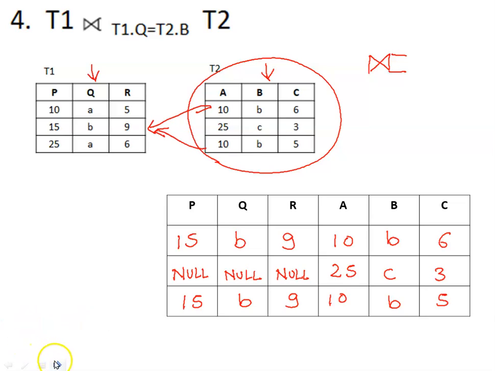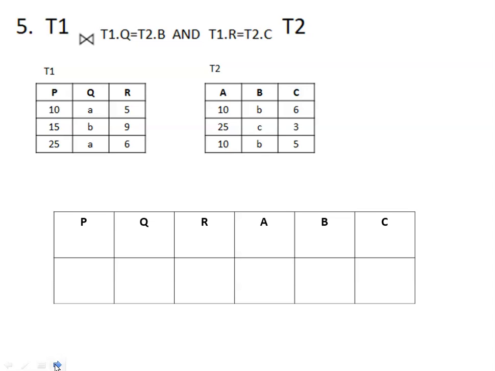We move on to the next problem. That is again a simple join operation, but now there is some variation in this join operation. That is, there are two conditions that are specified over here using an AND operator. So basically this condition also should be satisfied. The condition 1 should be satisfied and the condition 2 also should be satisfied to join tuples from relation T1 and tuples from relation T2.